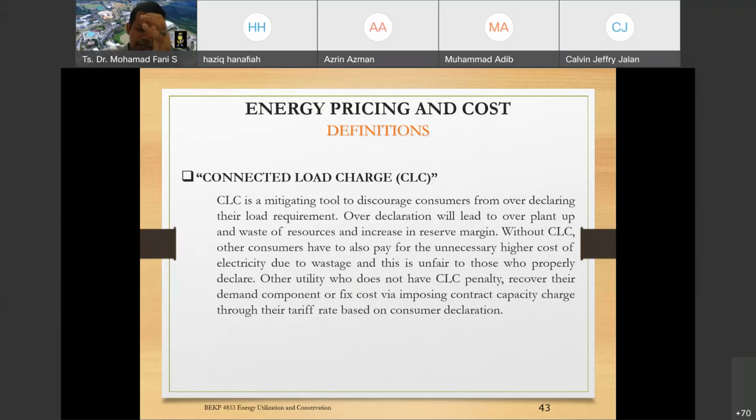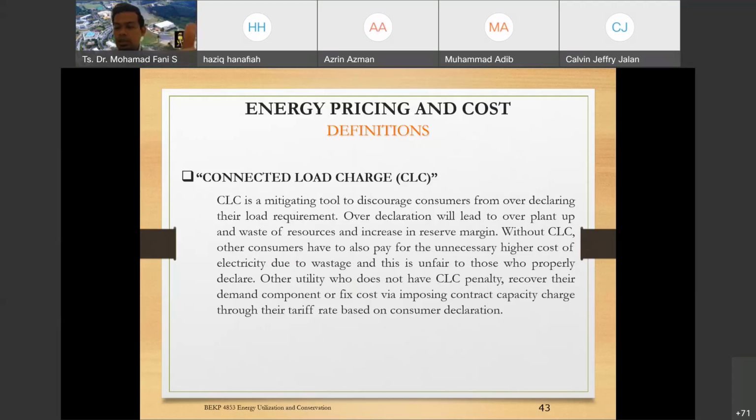When the building was developed, especially for the new building, they need to declare the power required from the TMB. As the consultant, you need to have the calculation of the load when the building will be established later on.